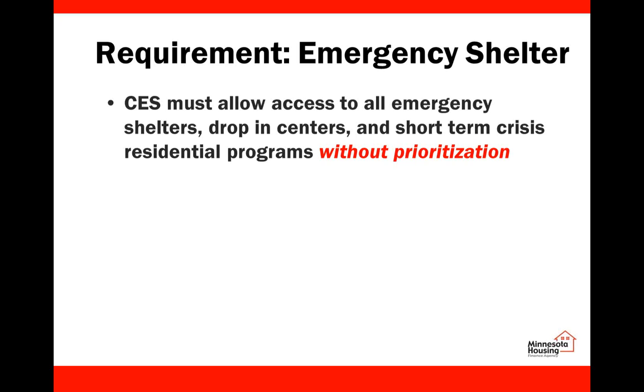Emergency shelter is a crisis response, and all emergency shelters are encouraged to flexibly change their configuration to accommodate the demand for persons who are literally homeless so that no person is forced to sleep outside or on the streets. Again, emergency shelter assistance is not prioritized. Any person who is experiencing literal homelessness should be afforded access to that crisis response system.